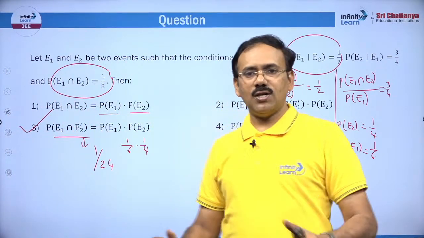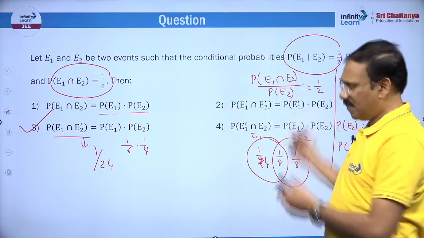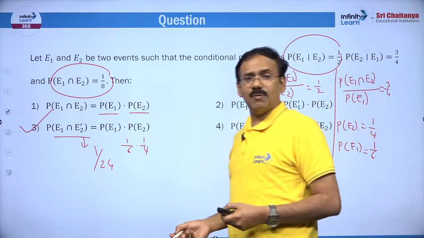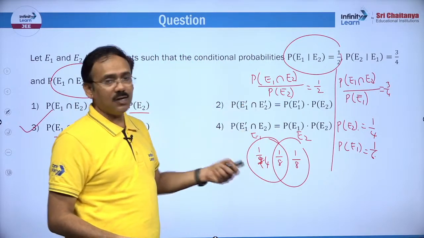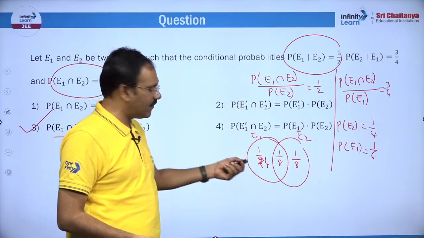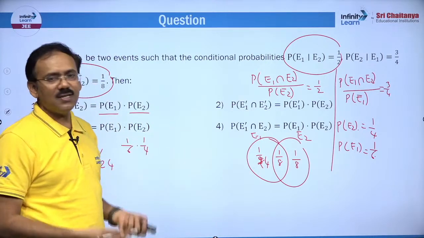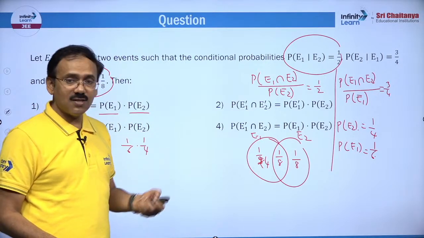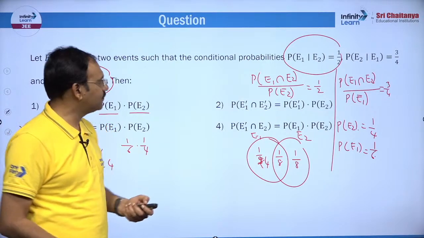In this problem, dear students, first of all just apply the definitions of conditional probability or the multiplication theorem, so that you get P of E1 and P of E2. By the Venn diagram and addition theorem, you can find all the probabilities and verify, that is it. It is not a difficult question, not a lengthy question, fine.